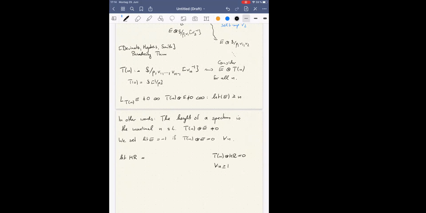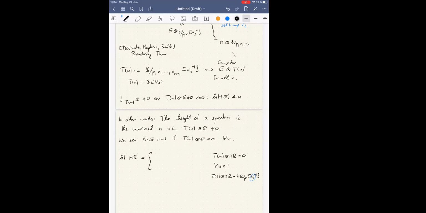The reason behind this is essentially that, let's look at T1 tensor HR, the same as HR mod P, V1 inverse. And this V1 here is an element of positive degree, while the Eilenberg-MacLane spectrum is concentrated in a single degree. So if I invert something of positive degree, it will be 0. And the reasoning is similar for higher n. So this means the height can be at most 0.